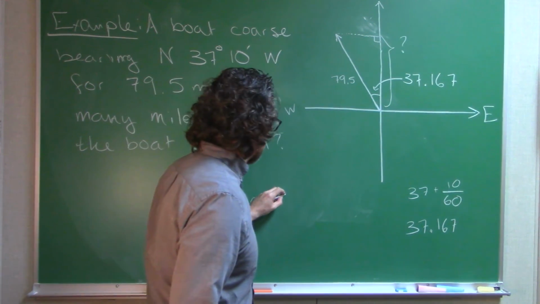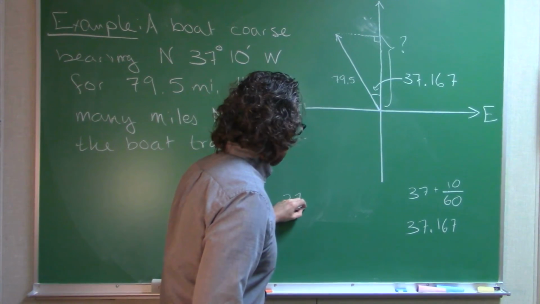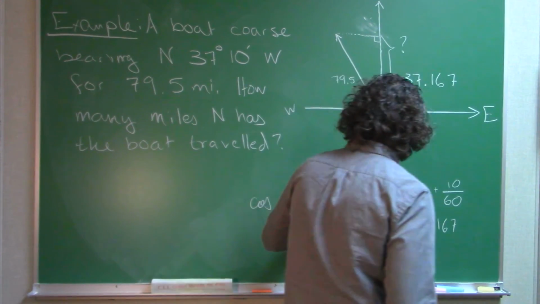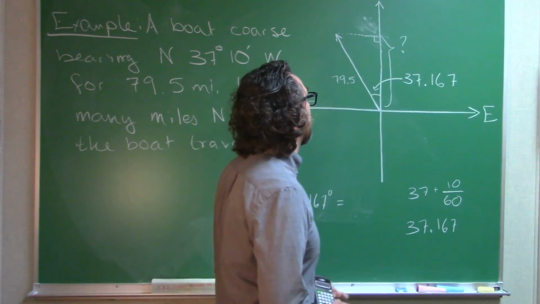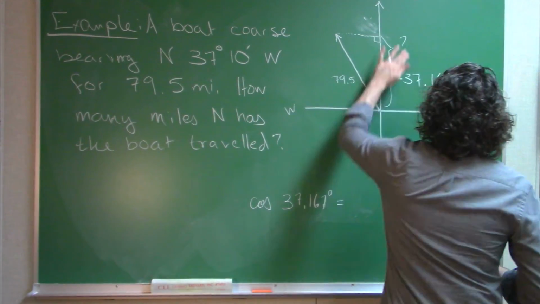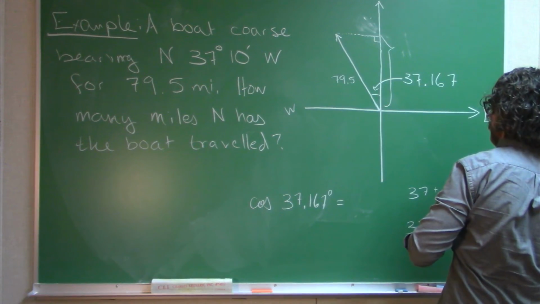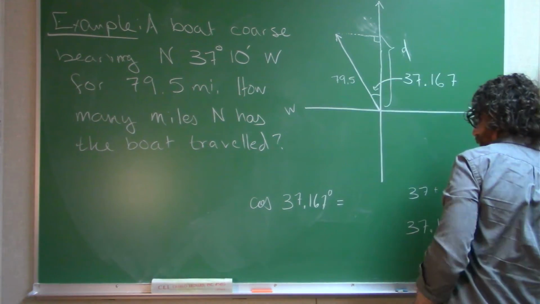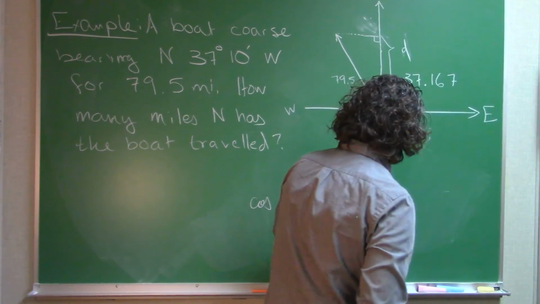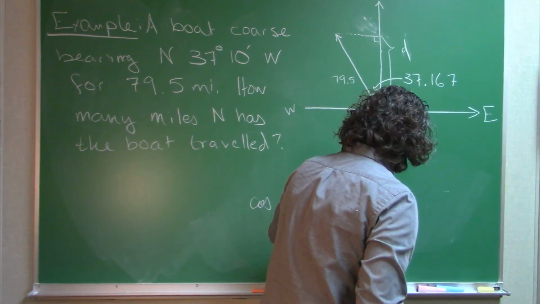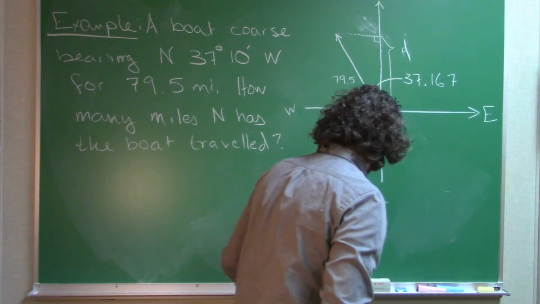So cosine 37.167 degrees is equal to adjacent over hypotenuse. So let's call it distance d. Let's get an actual variable name here. So that's my distance d over 79.5.